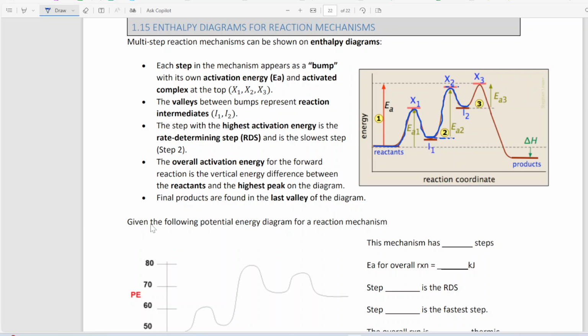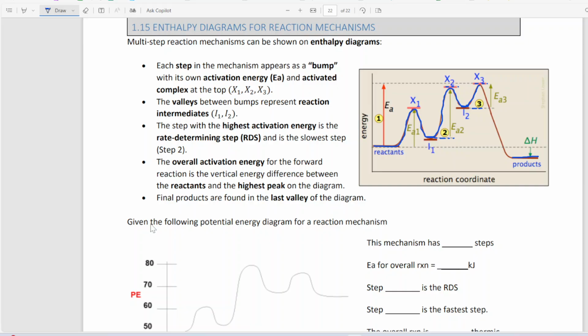Then this is a 3-step mechanism because you're now taking your reactants, which are your reaction intermediates 2. They go up to their own activated complex, X3, and then there's a final drop to your products. This last step has its own activation energy from reactants up to activated complex.